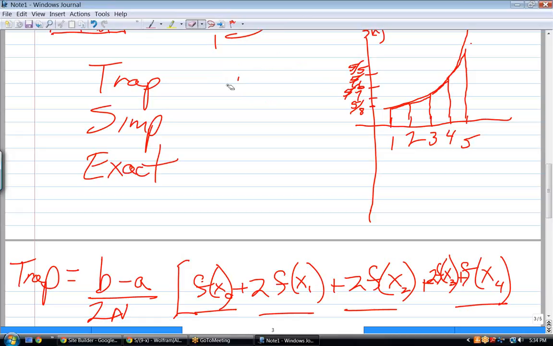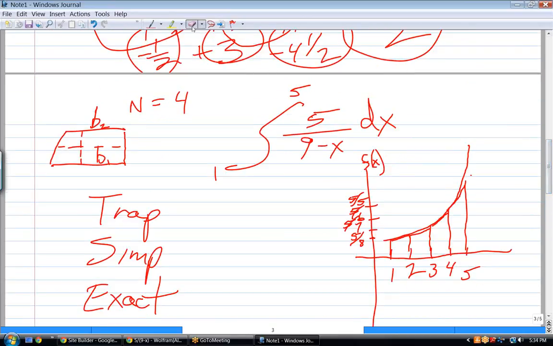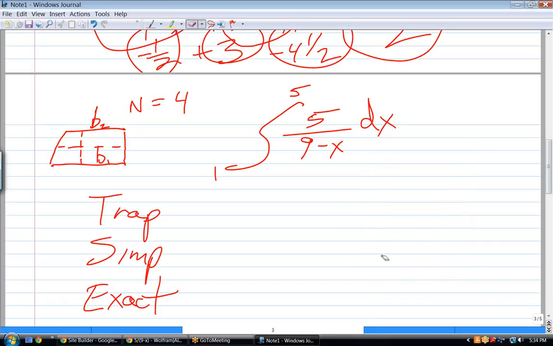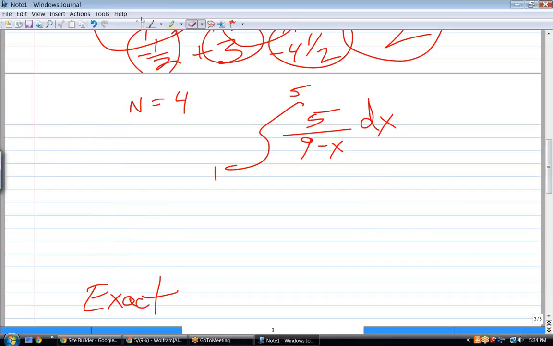So I want to do what? The exact method. Don't need a picture anymore. I just need to integrate that. Well, let's make it a little bit easier.